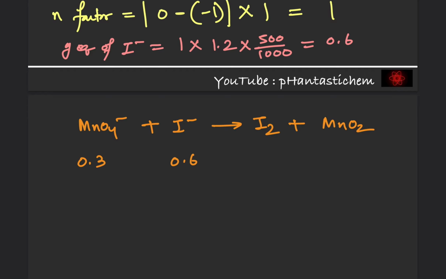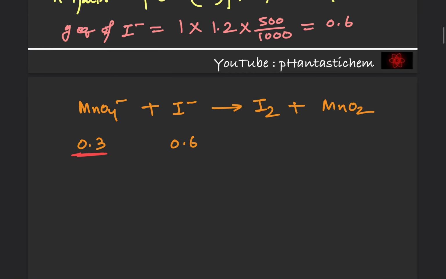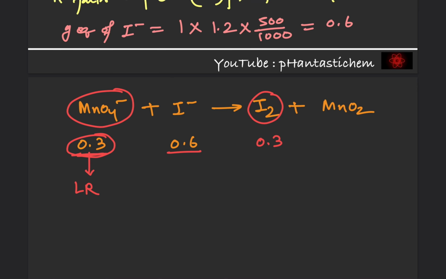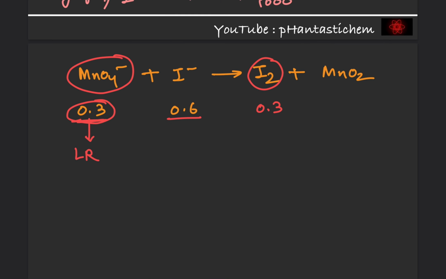So you can see here that 0.3 gram equivalent of MnO4 minus will react with 0.3 gram equivalent of I minus to give 0.3 gram equivalent of I2, because MnO4 minus has lesser gram equivalents. Therefore this is the limiting reagent. So 0.6 minus 0.3, that is 0.3 of I minus, will be left unreacted.